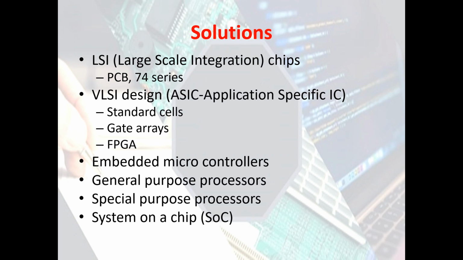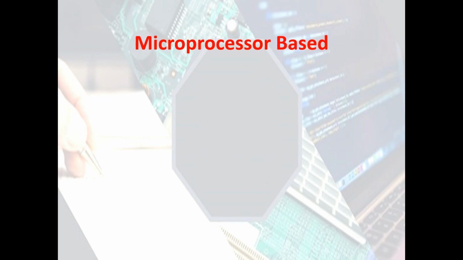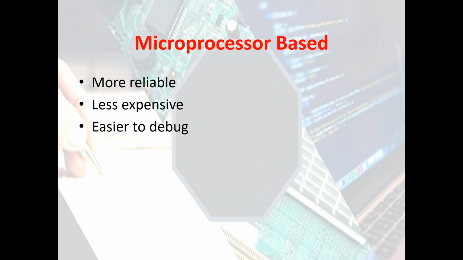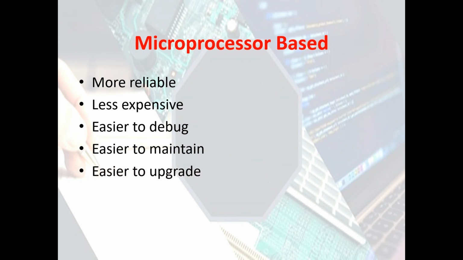The trio of hardware, firmware, and software collaborate to make these technologies functional, with hardware encompassing the physical components, firmware serving as intermediary code, and software providing user interfaces and applications. Microprocessor based systems are more reliable, less expensive, easier to debug, easier to maintain, and easier to upgrade. However, the disadvantage is relative to speed.